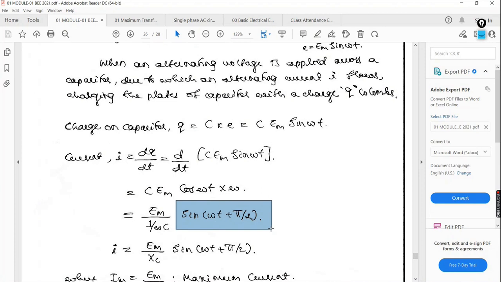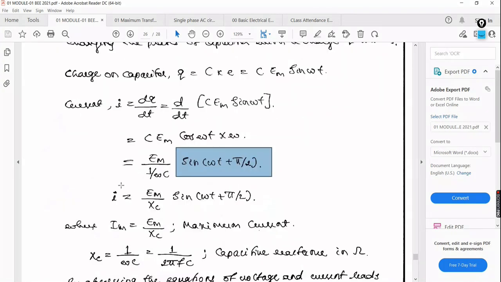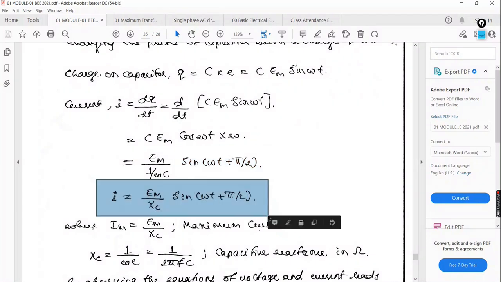So i is equal to Em divided by 1 by omega C into sine of omega t plus pi by 2. Pi by 2 is how much? 90 degrees.